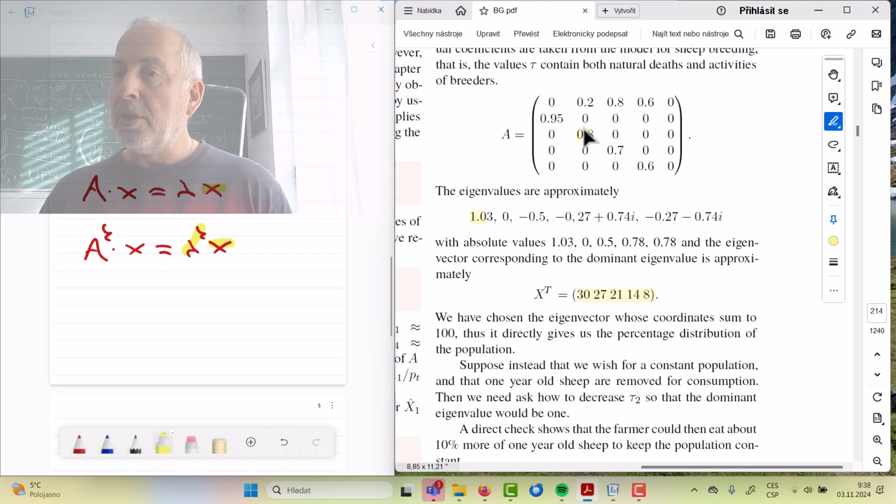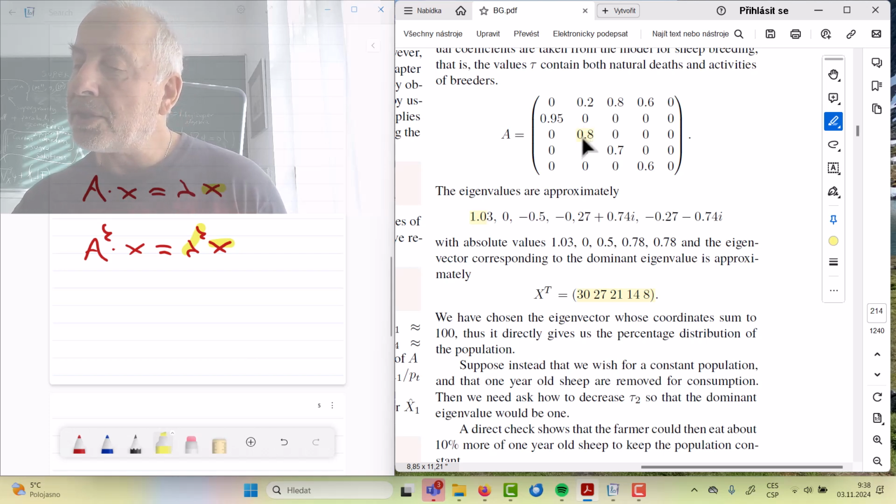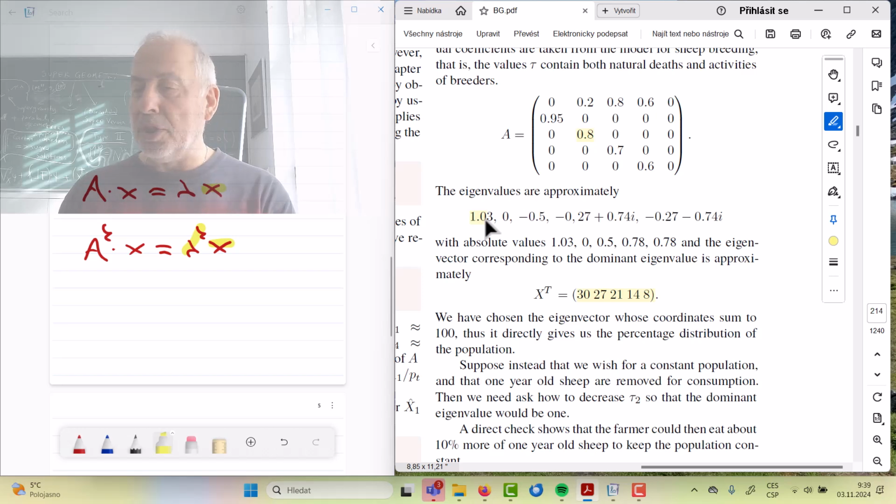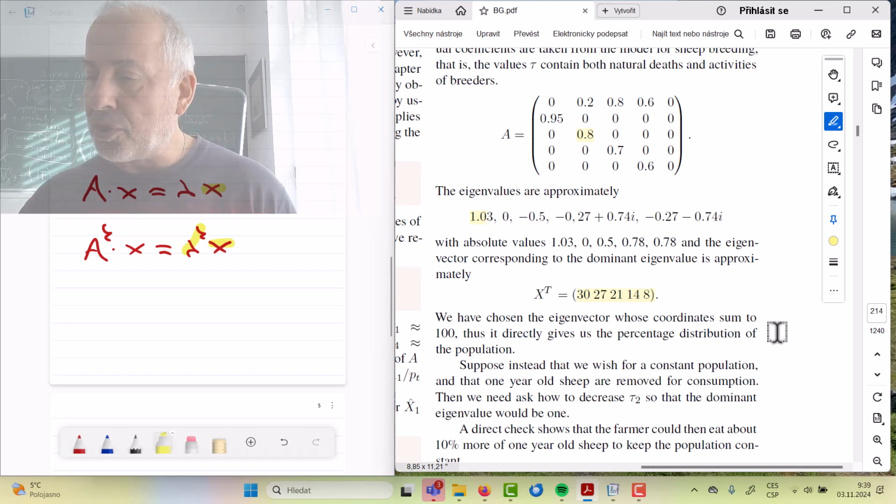It means we would just eat some of, or send to butchers some of, the sheep which are 1 year old, and we want to do it in such a way that the whole situation is stable. So if you add some unknown constant here and compute, you simply solve the equation to make this 1.03 into 1.00. And that's it. So this is a nice illustration.